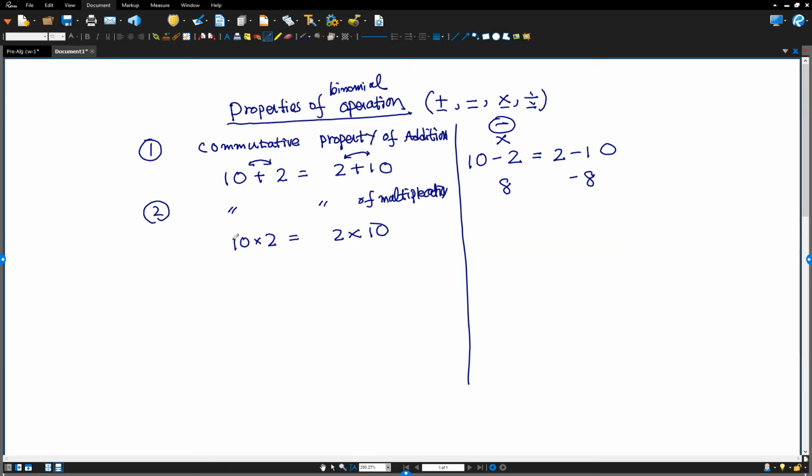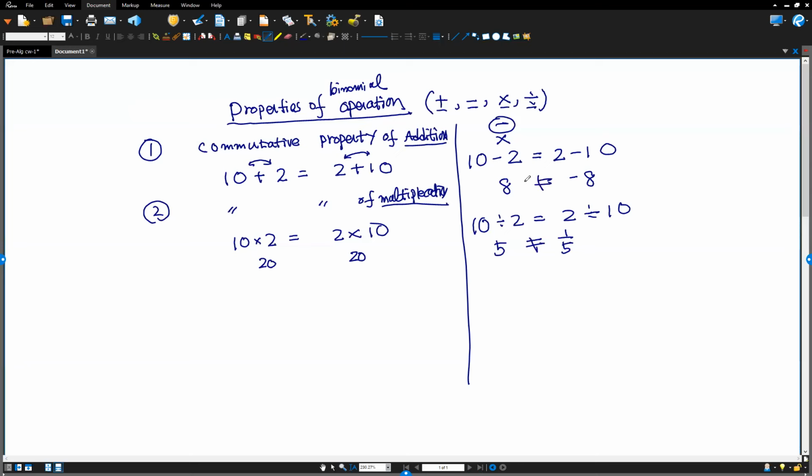That is working: this is 10, this is 10. So the commutative property only works on addition and multiplication, not division. 10 divided by 2 equals 2 divided by 10? No way. This is 5, and 2 over 10 is 1 over 5. They are not equal.